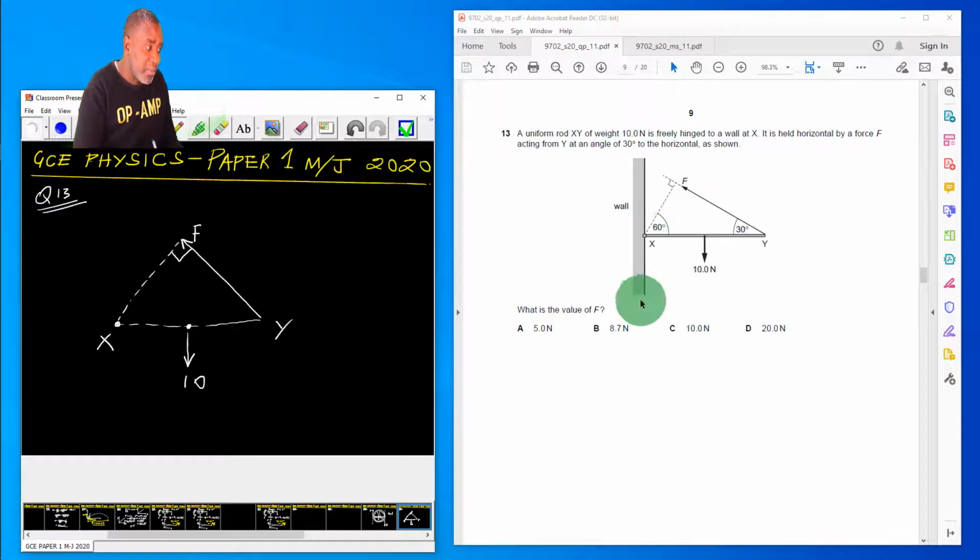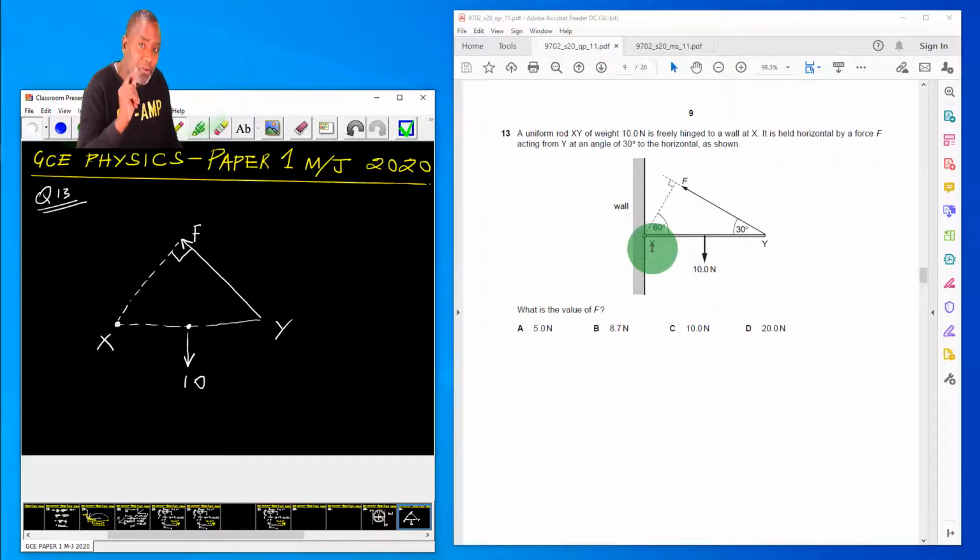If you take moments about another point, then those forces which you don't know will come into play. They will have moment about that new point and you'll be required to calculate them. The problem will work out fine eventually, but it will take you a long time. And this is one of the papers where we needed to save time. So you need to recognize that point about which you take moments first time.